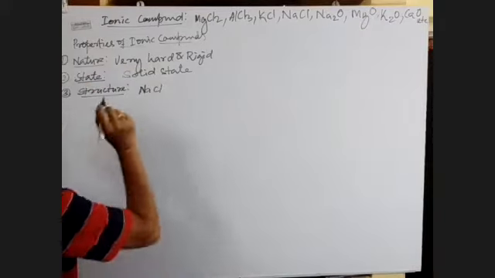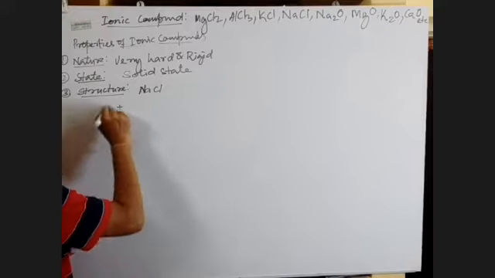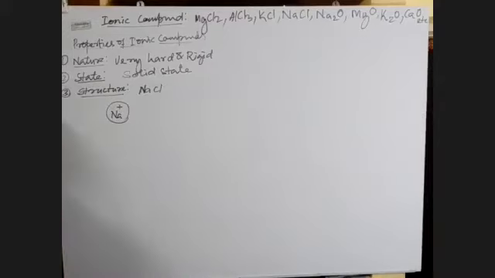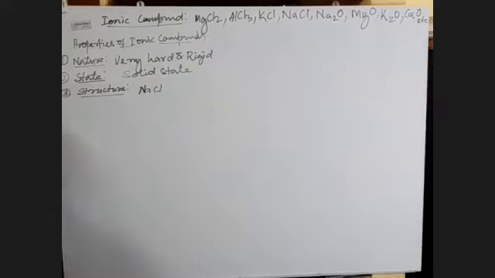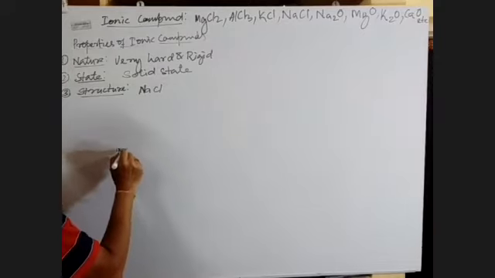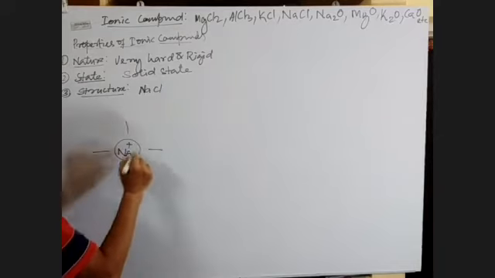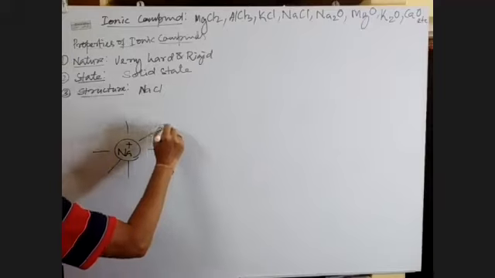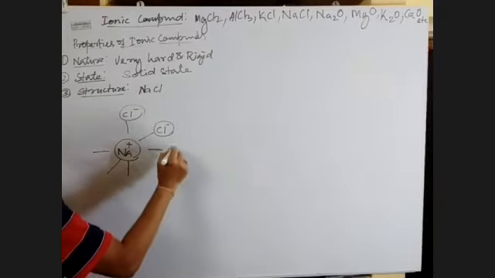Three-dimensional array means each sodium ion is surrounded by six chloride ions. So this is your sodium ion, surrounded by six Cl minus ions.